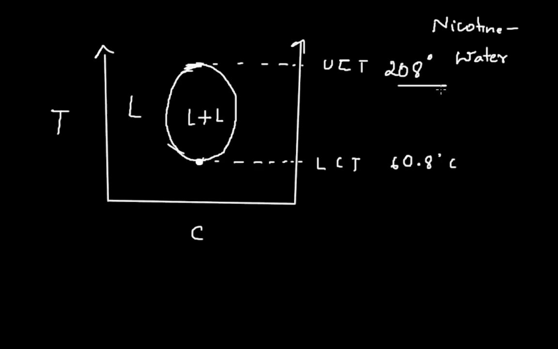In fact, at 1 atmospheric pressure, water starts boiling at 100 degrees Celsius. So if it is 208 degrees Celsius and it is still a liquid, you are dealing with higher pressure. That is important. Higher pressures of about 20 bar, 20 atmospheres, are employed here. So that was about your nicotine-water system.